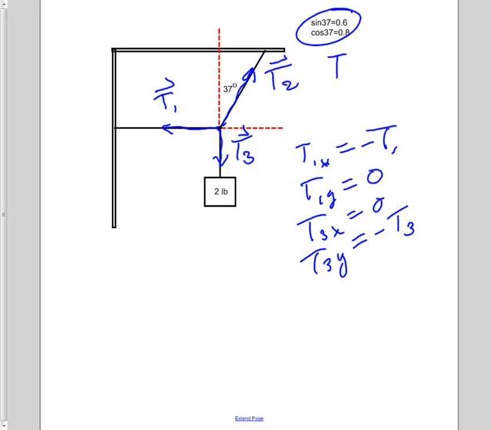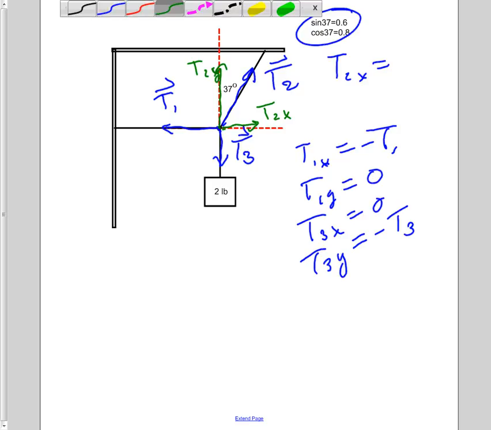So T2 sub x is equal to, and let's in fact use the green pen to show the components of T2 here. So here is the T2 sub x and the T2 sub y. So you see that both of these are pointing in the positive coordinate direction. And so let's go back. Blue.